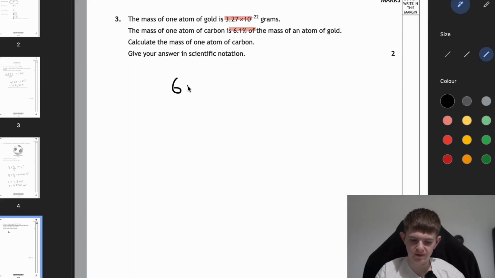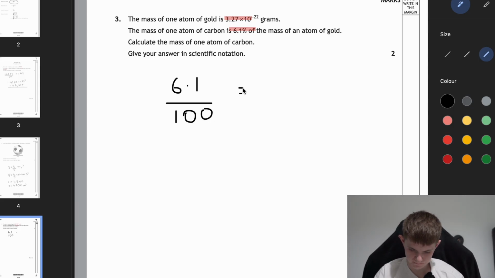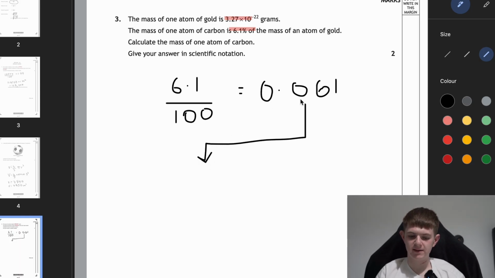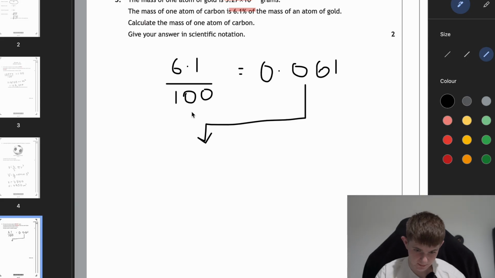6.1 divided by 100. Again, we've got a calculator, so we can go ahead and do that. I end up getting 0.061. With this, we bring this down. We then need to times that by the atom of gold in grams, which is 3.27 times 10 to the power of negative 22.